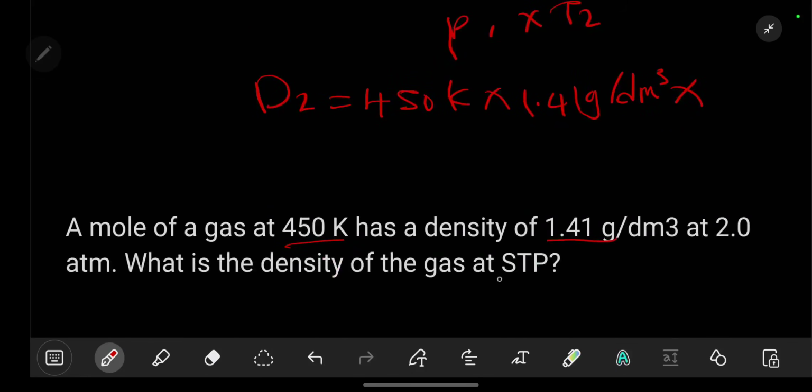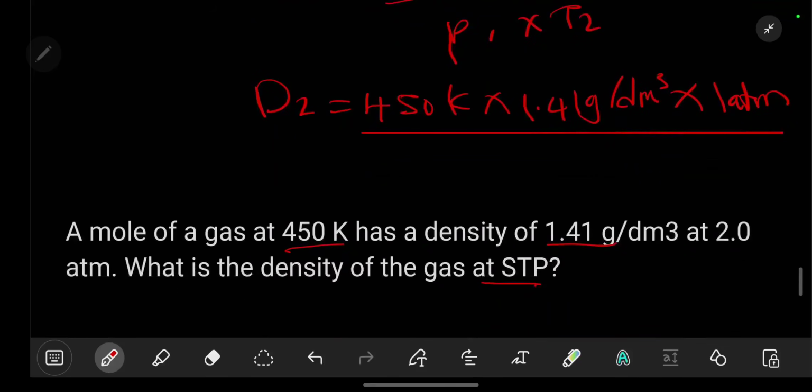Pressure number 2 is the STP pressure, which is 1 atm. Then we divide this by pressure number 1, which is 2 atm.